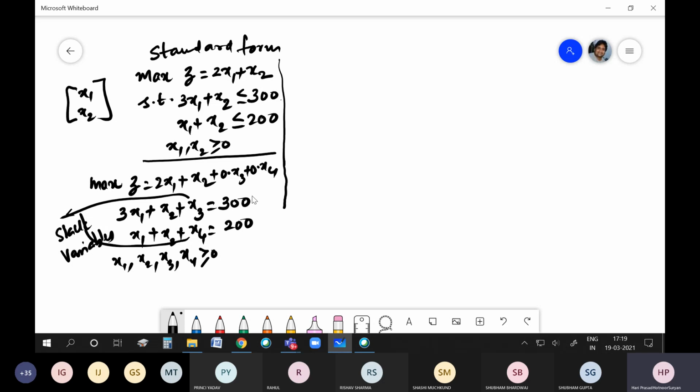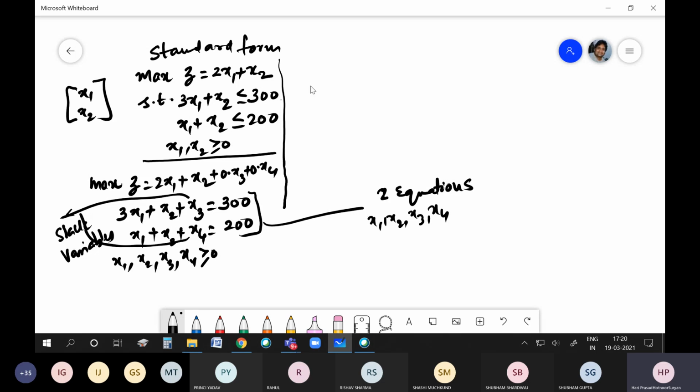We have also seen the solution of this. If you consider these two constraint equations, we have two equations, and how many variables are there? There are 4 variables: x1, x2, x3 and x4. So if I make two of these variables 0, then these two equations can be solved uniquely for the remaining two variables.